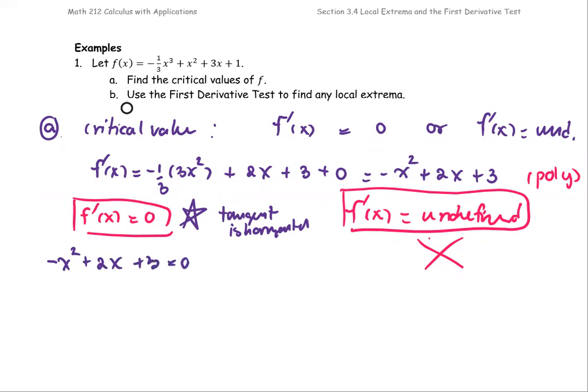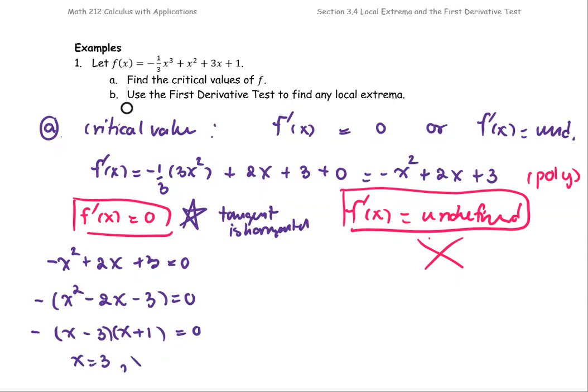And then to solve for x, factor negative 1 out, we have x squared minus 2x minus 3 equals 0. Factor one more time, we have x times x for the x squared. We have negative 3 times positive 1 to get negative 2. Now we get the two critical numbers, x equals 3 and x equals negative 1.